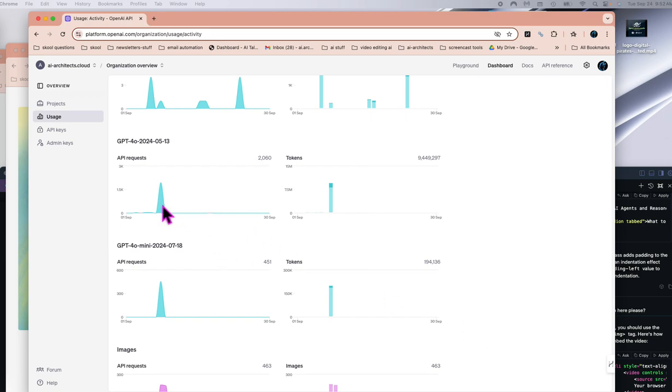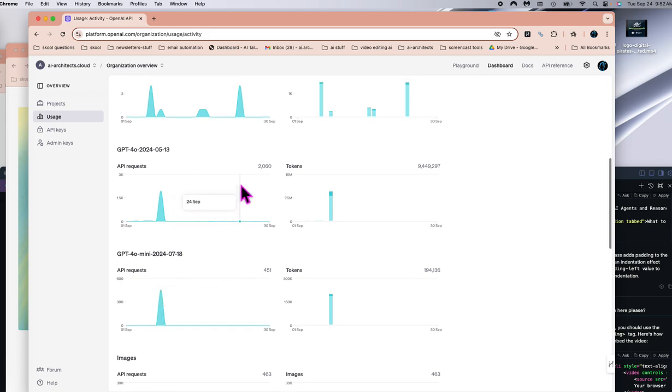I obviously made many more requests to GPT-4o in the month of September because I was testing over 200 websites for multiple runs with each of them producing a very specific output. And then I only made 451 requests on the same day to GPT-4o-mini.